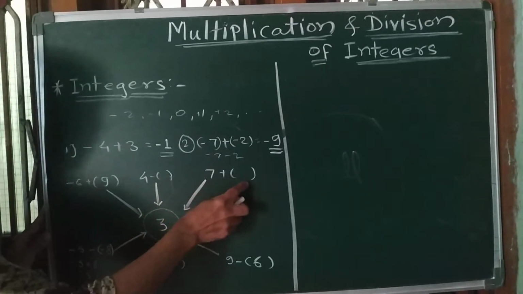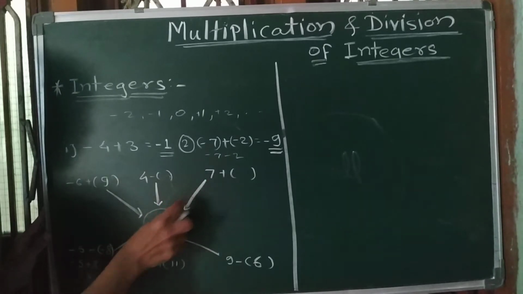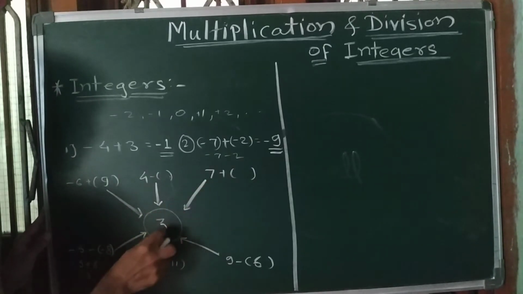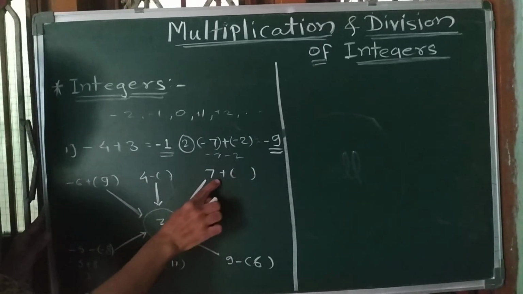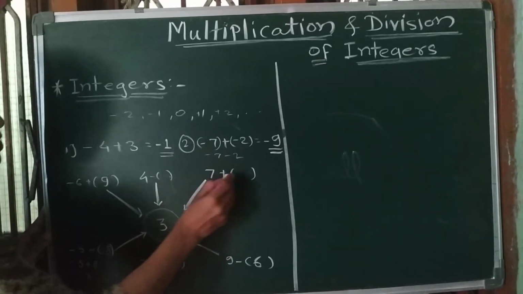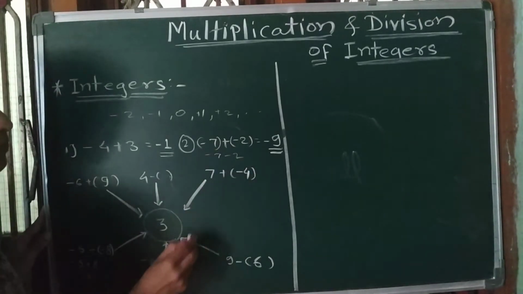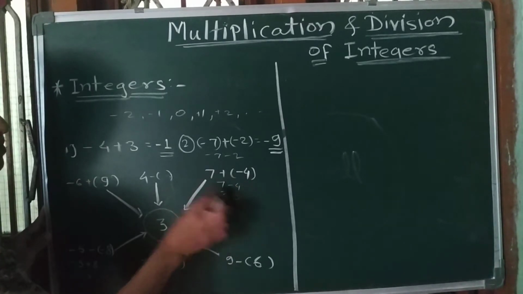7 plus what, so that we get 3? If you subtract 3 from 7, you get 4. So here should be 4, but it should be minus, because we want 3. So -4. 7 minus 4 is equal to 3, with the greater number's sign.